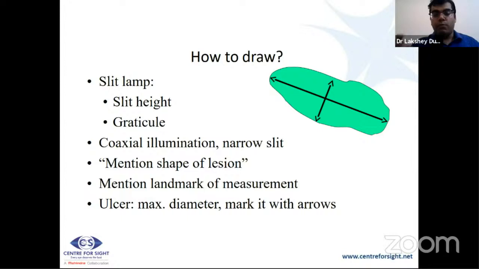So when you have to mark for epithelial defect, you first stain the cornea, see the green fluorescein marking, and then make the epithelial defect. And before making the epithelial defect, see with the diffuse illumination without stain and draw the stromal infiltrate. So stromal infiltrate, you first see without staining and draw it, and then stain, and then see and draw the epithelial defect.